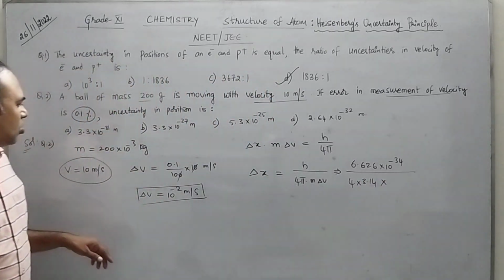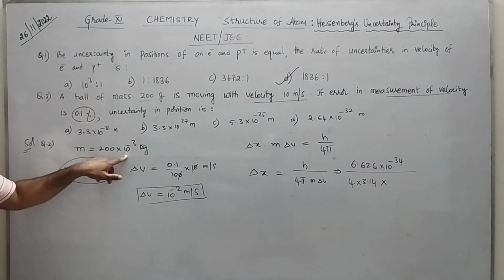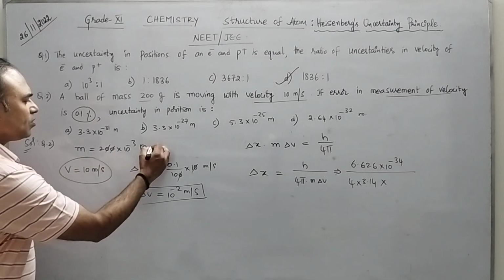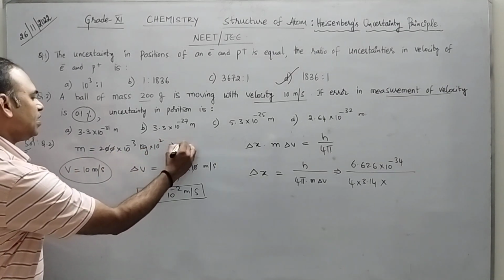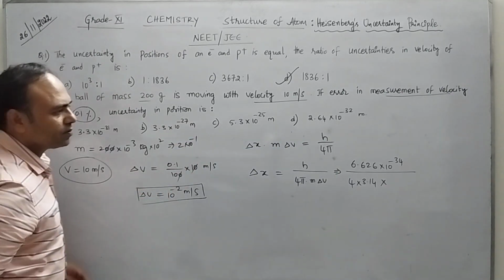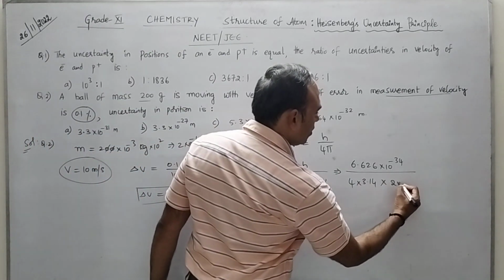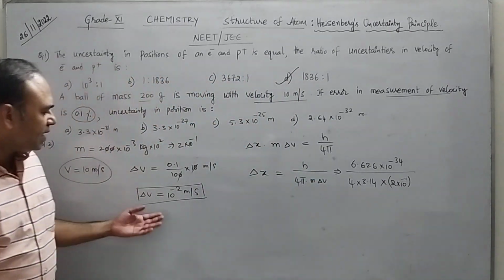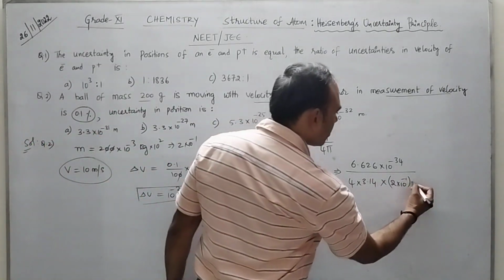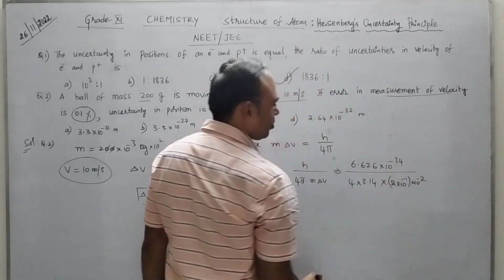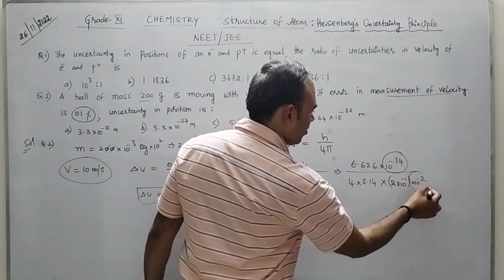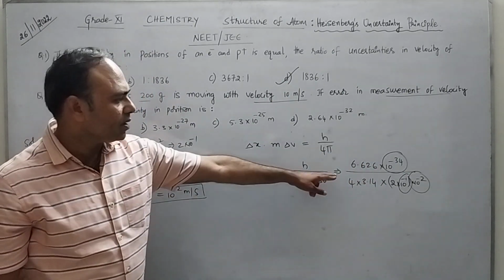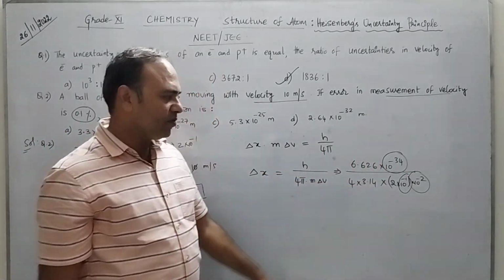So what is the mass you got? 200 into 10 power minus 3. So you can also convert to 10 square, right? Nothing but 2 into 10 to the power of minus 1. Delta V we calculated as 10 to the power of minus 2. First try to calculate the 10 power here, then you calculate the numerical value.